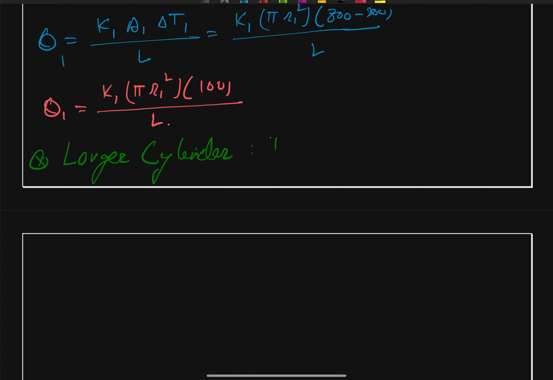And that is our T1 is 200 and our T2 is 100.